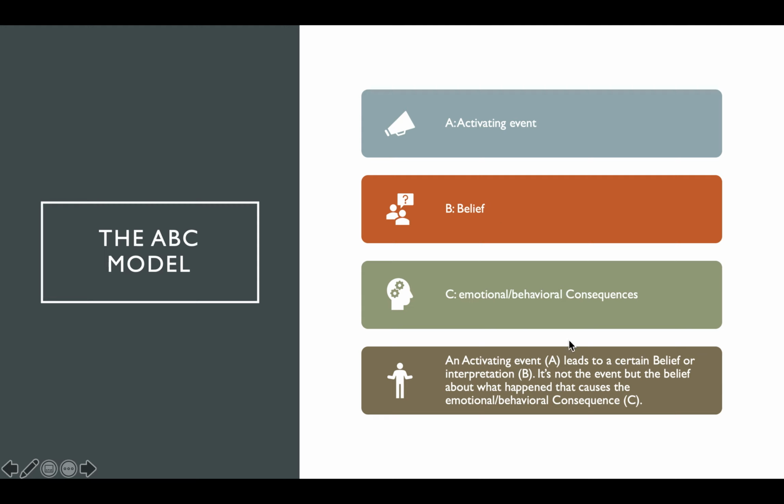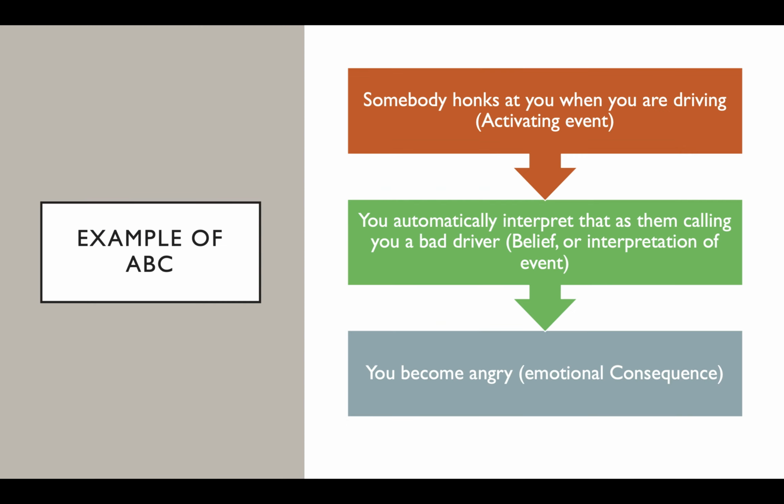And then C is your emotional or behavioral response, or emotional and behavioral consequences. So the idea is that A, the activating event, leads to a certain belief or interpretation, which is B. Again, it's not the event, but your belief about what happened that is going to cause the type of emotional or behavioral consequence. So let's work through an example.